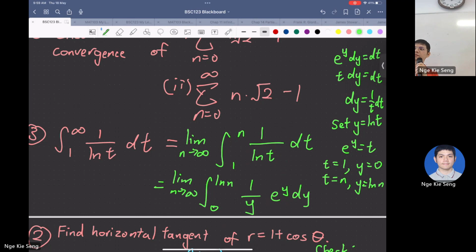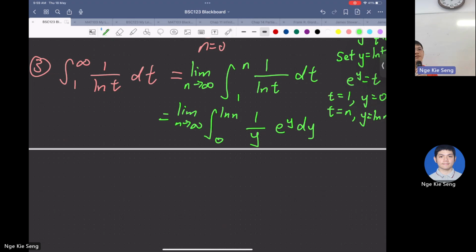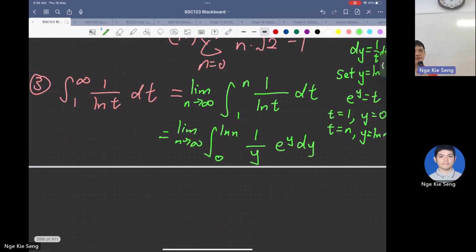Okay. Follow? So how to integrate this? We can use the power series technique. Power series is easier because we just integrate polynomials, right? Because we are integrating from 0 to ln n, and the power series of e to the y also converges everywhere. So we can use power series. So this one is 0 to ln n, then the power series of e to the y, still remember what that is?